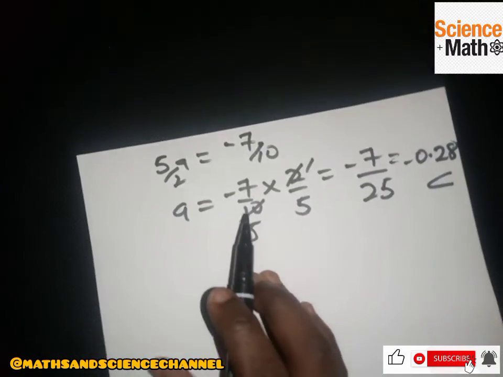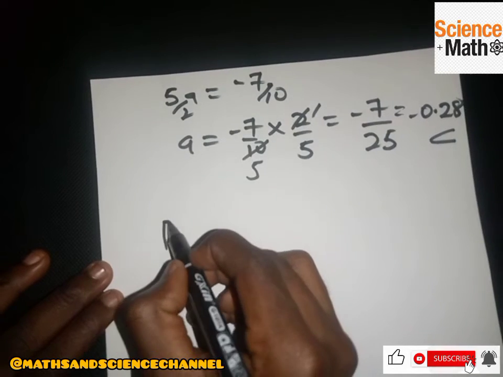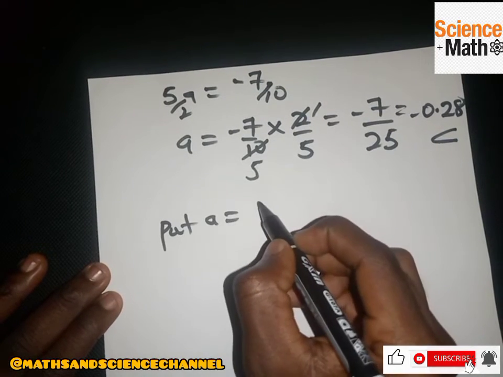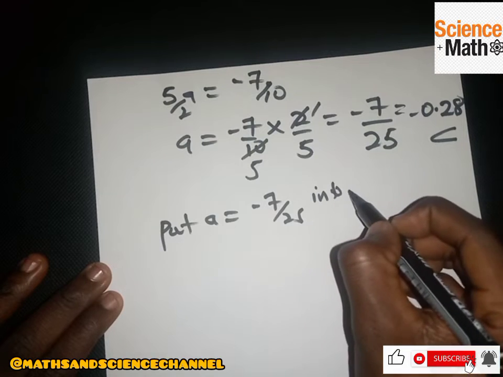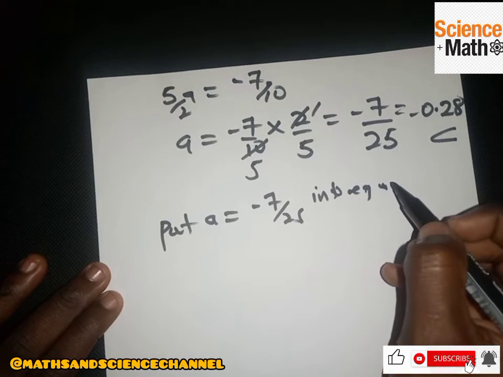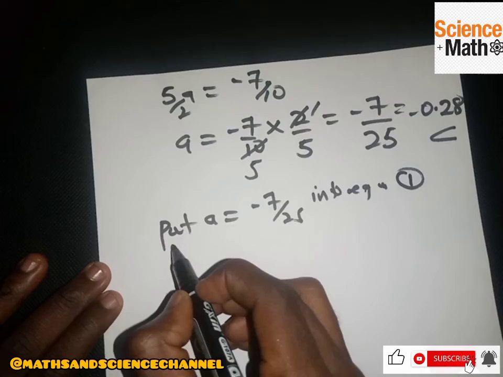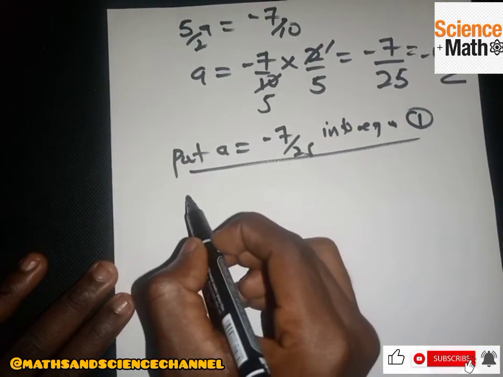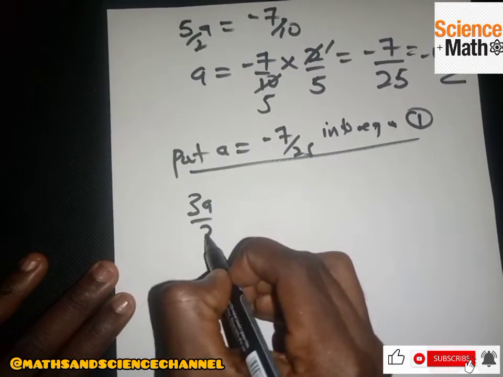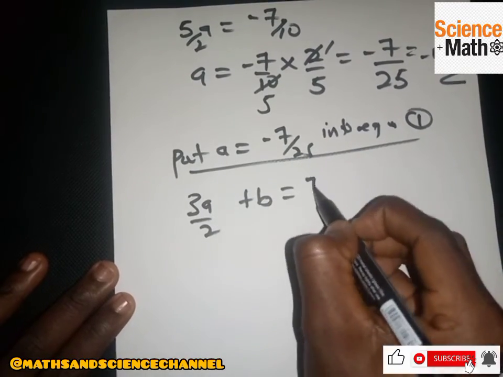Now for us to get b, we put a being equal to negative 7 over 25 into equation 1. So let's take equation 1: 3a over 2 plus b being equal to 7 over 10.